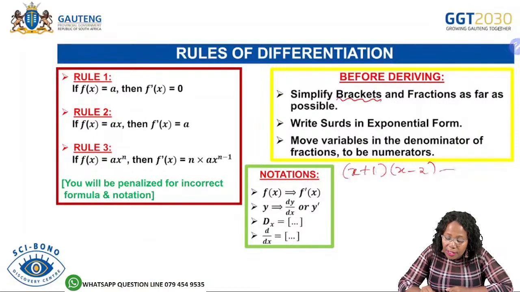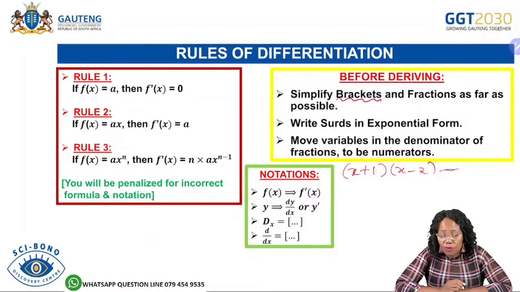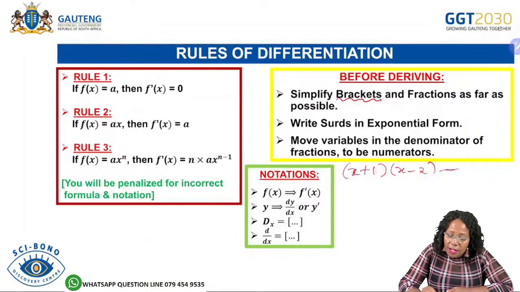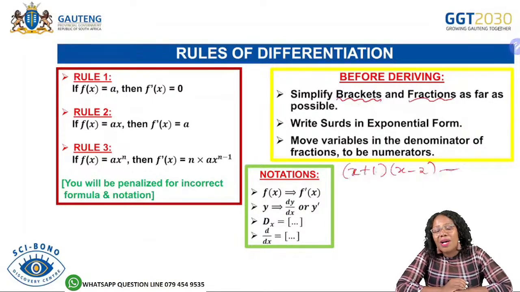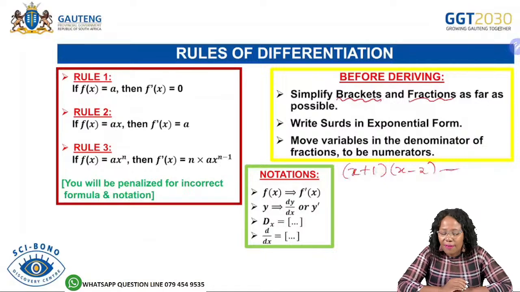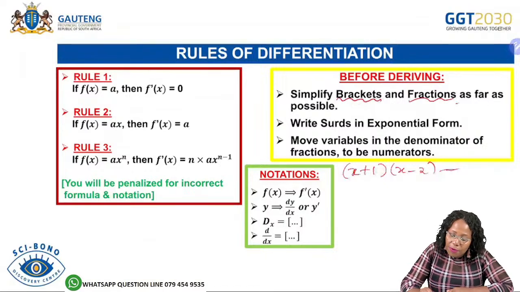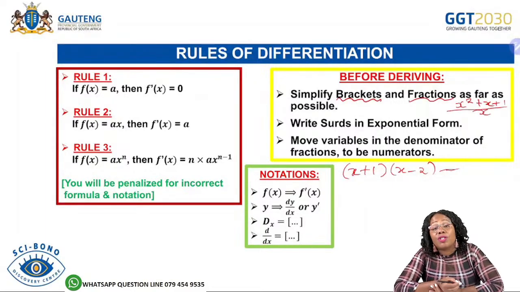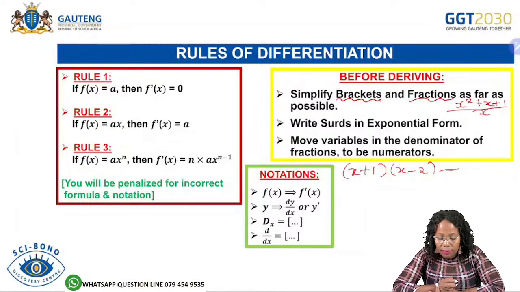I must first distribute and simplify those brackets. That is what we mean about brackets. And then if we are having fractions, you must simplify those fractions as far as possible. For example, if I'm having x squared plus x plus 1 over x, I can't differentiate the term. I must simplify that fraction first before I can start deriving.